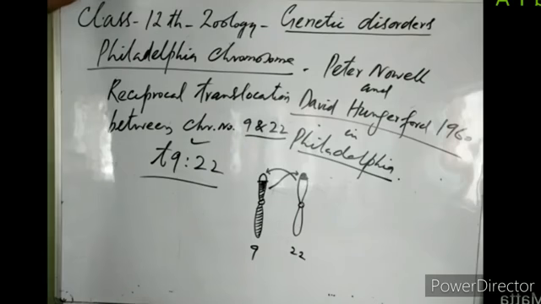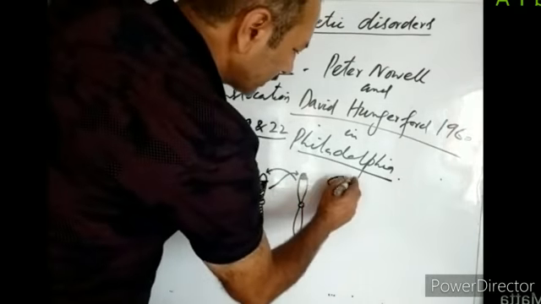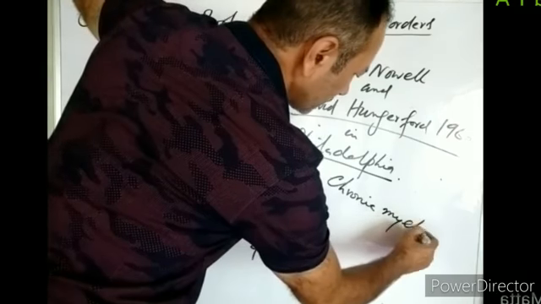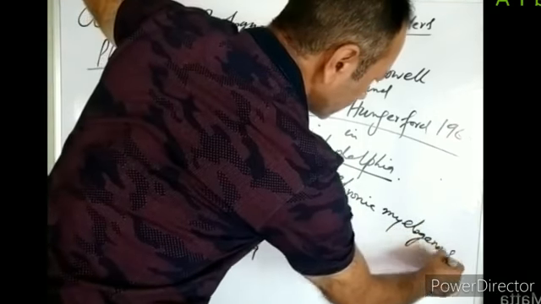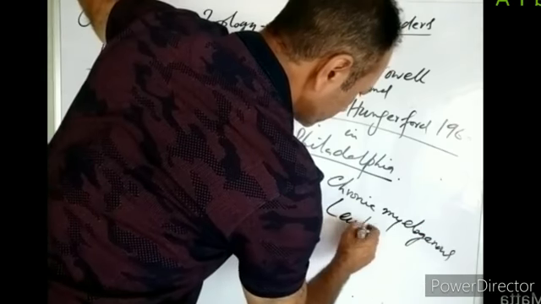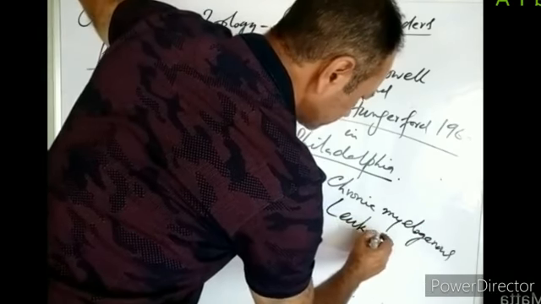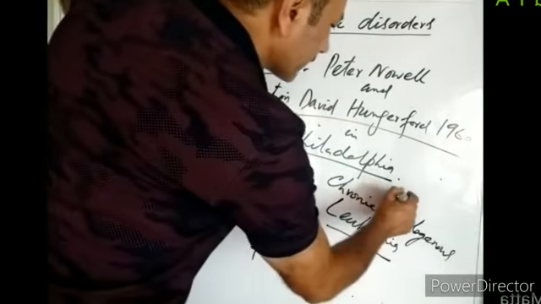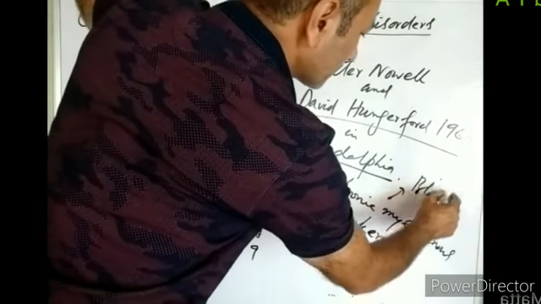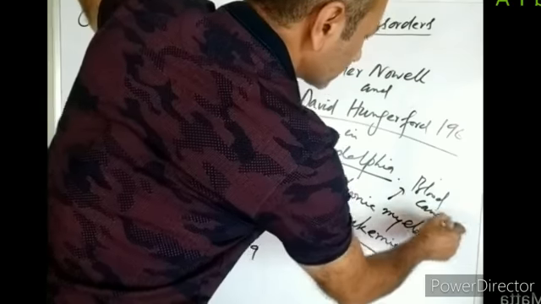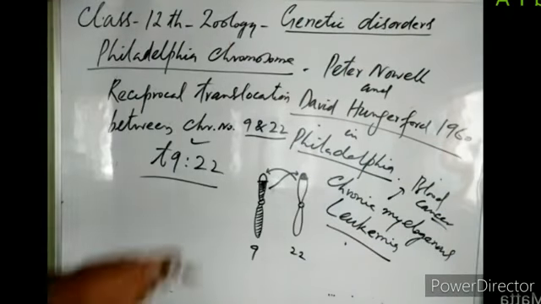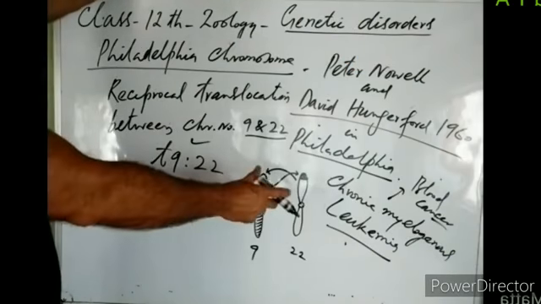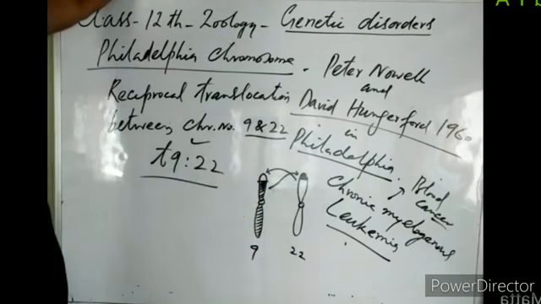So these persons are prone to chronic myelogenous leukemia. They suffer from a type of blood cancer. And this blood cancer is caused due to this reciprocal, mutual exchange of gene segments between chromosome number 9 and chromosome number 22.